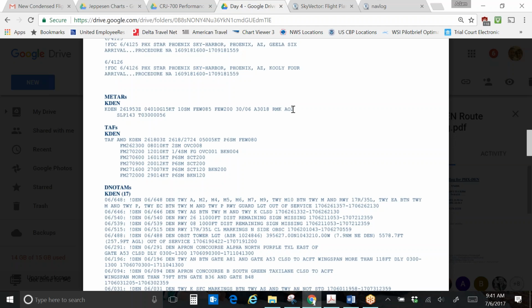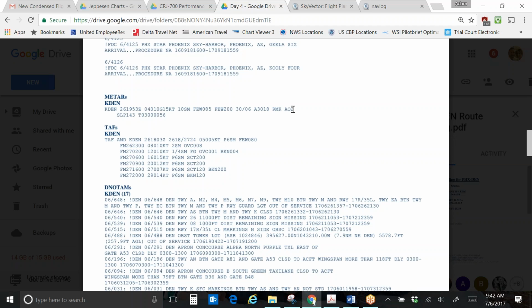If we go 2 degrees for every 1,000 feet we go up, that means when we get up to 5,000 feet, we're going to be 10 degrees off ISA. Since it is even a little bit higher, we're going to bump it up to 11 degrees. So ISA in Denver should be 4 degrees Celsius. That's what it should be.